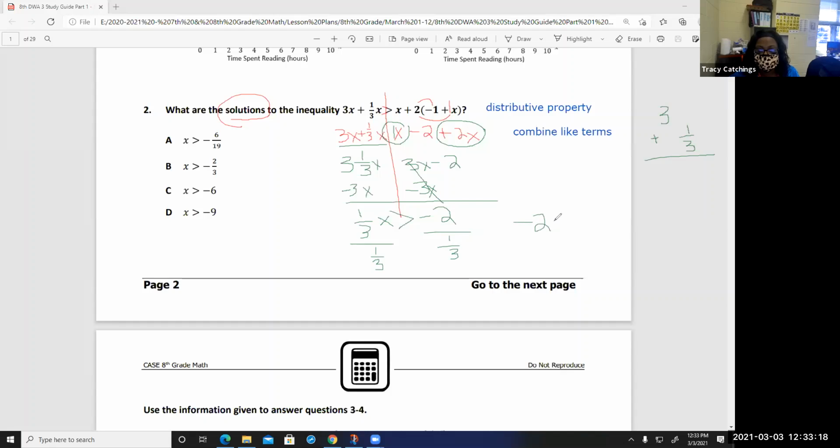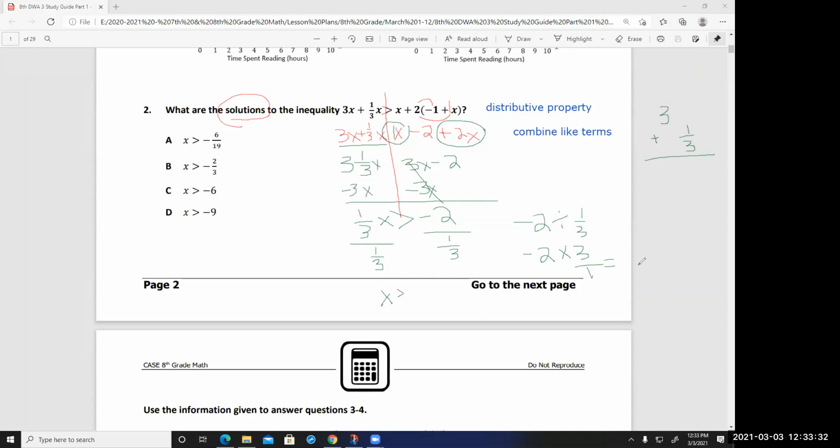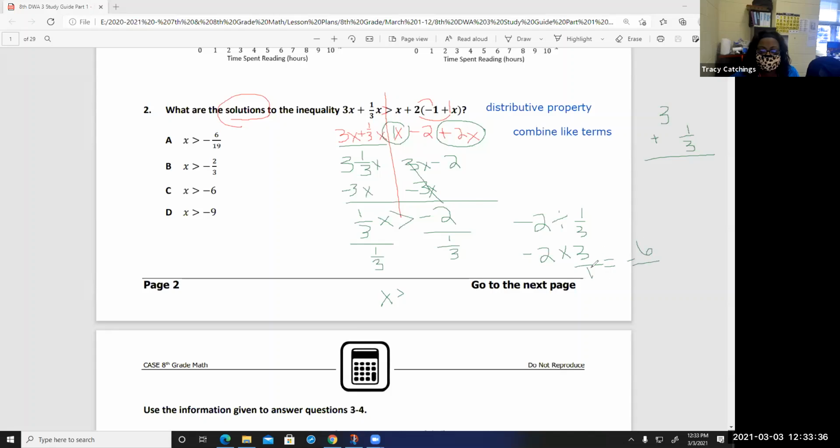So we can come over here if we need to, and that takes us in the mind of division of fractions. So in other words, we'll multiply by the reciprocal. So what is -2 times 3? -6. You can do that part first and then come back and multiply.